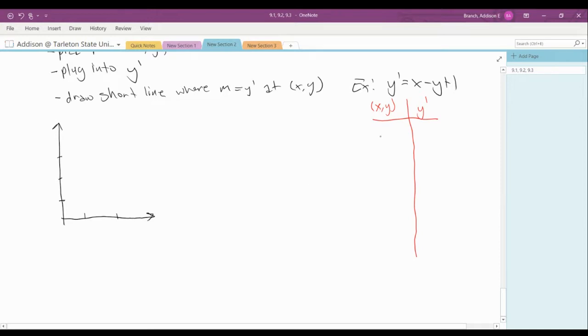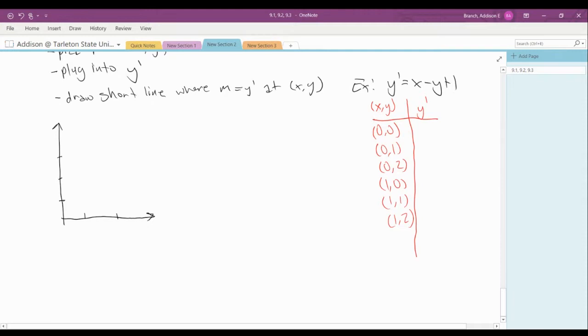So let's do a few points. Let's say we have (0, 0), (0, 1), (0, 2), (1, 0), (1, 1), and (1, 2).